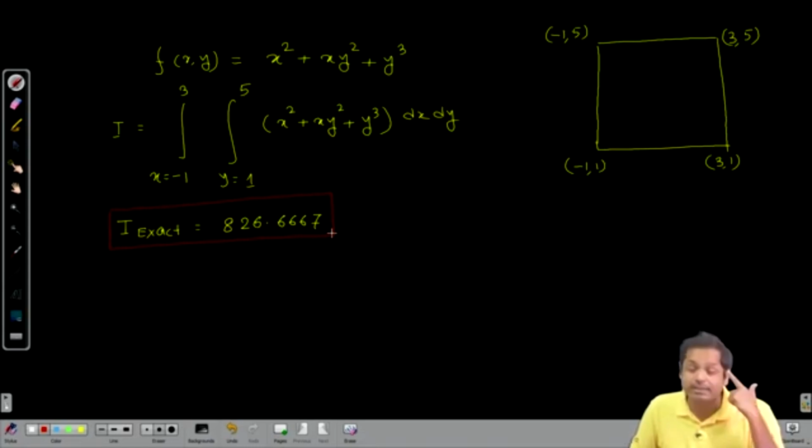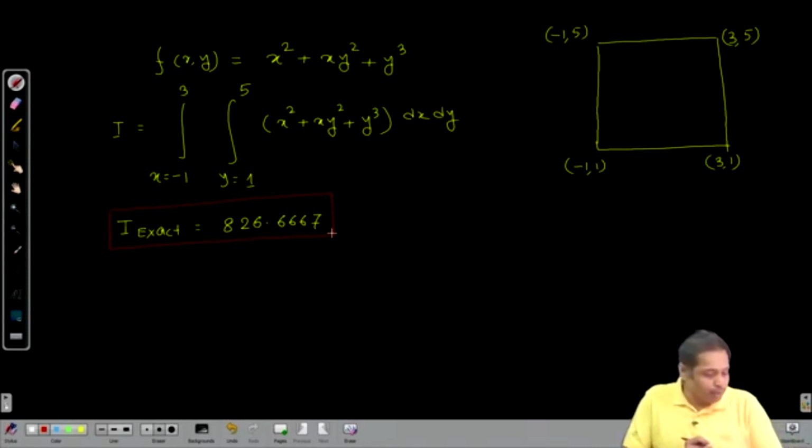Now let's see what rule we require for this polynomial. Here our polynomial is cubic. If we take n equal to 1, 2n minus 1 means 1, so with a 1 point rule we can integrate only a linear polynomial. If we take n equal to 2, 2 into 2 minus 1 means 3. So we will use the 2-point quadrature rule, through which we can integrate a cubic polynomial exactly, and our polynomial is cubic.